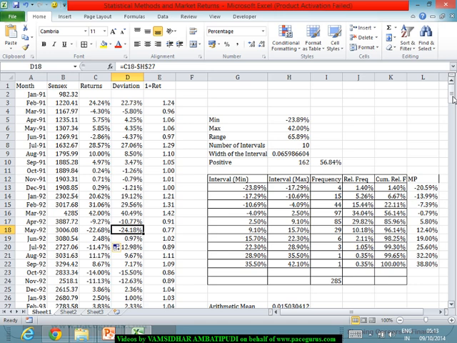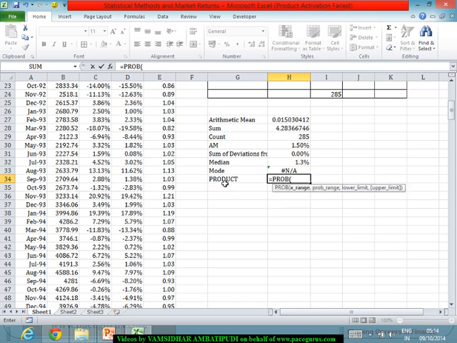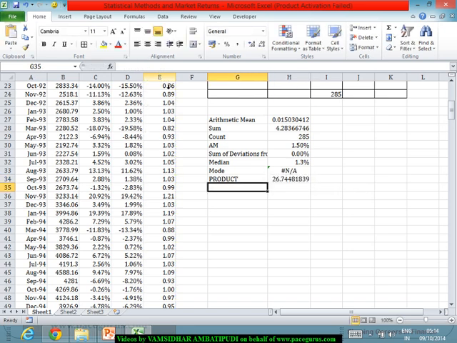So because of that reason, I'll first do 1 plus Ri, which is giving me this, and I compute the product of all these 1 plus Ri's. For finding out the geometric mean, I take this product to the power 1 by count.